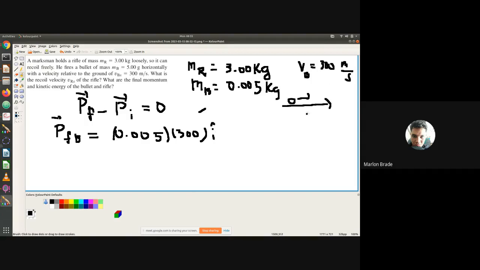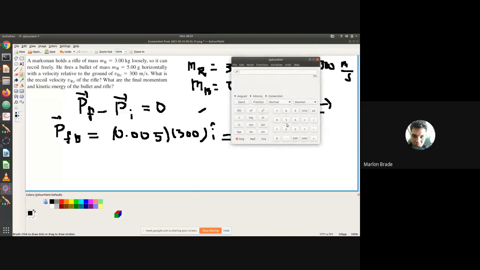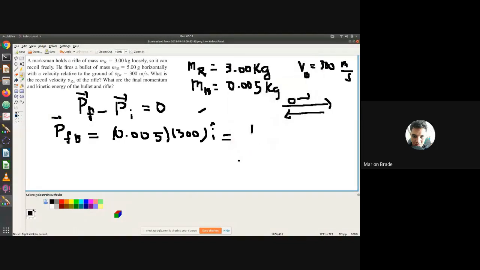So, ang direction sa rifle nga pag-recoil is along this direction. Mao na ang direction sa mo-recoil. Right? So, pila na siya? This is equal to 0.005 times 300, and this is 1.5. So, this is 1.5 newton second. And the direction is along i-hat.